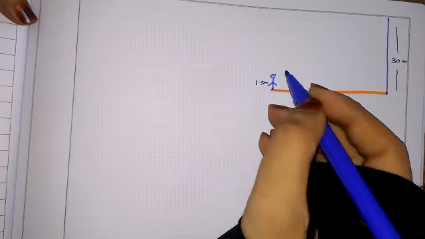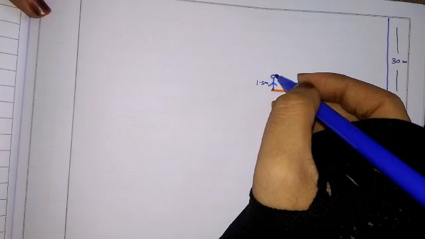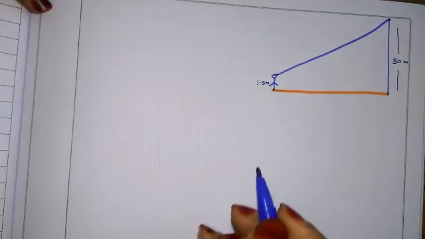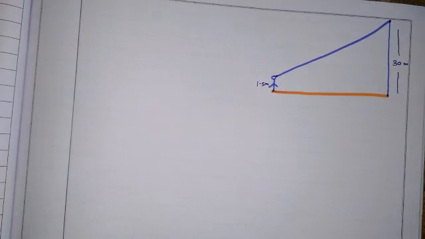From his eye, the angle of elevation increases from 30 to 60 degrees as he walked towards the building.